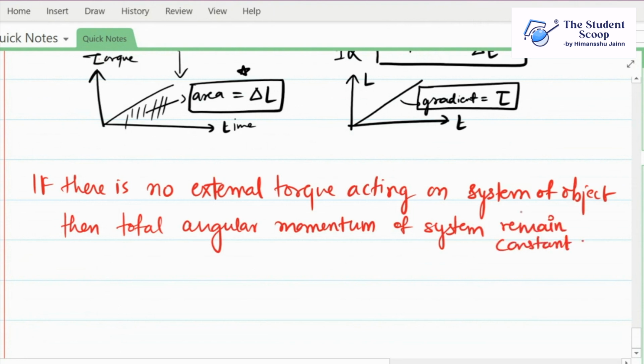So the total angular momentum has to be constant. And there is a classic example for this.